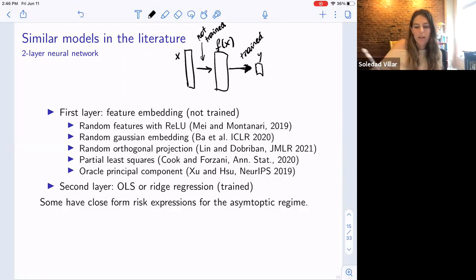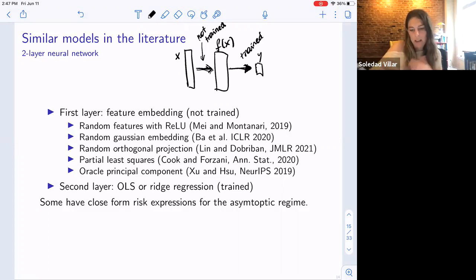For instance, there's a very nice paper by Mei and Montanari from 2019 that considered this feature embedding to be random features. They extract random features, apply a ReLU to them, and then do the regression with the target data. They analyze the risk of this estimator, and they have a closed form expression for the asymptotic value when the number of features goes to infinity.